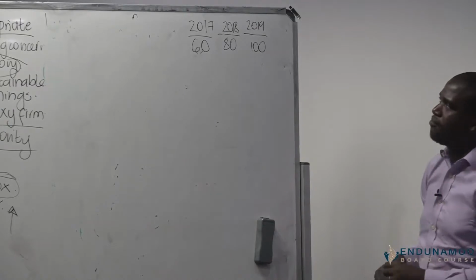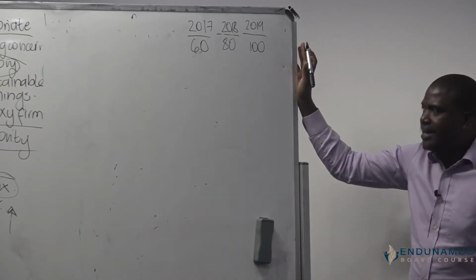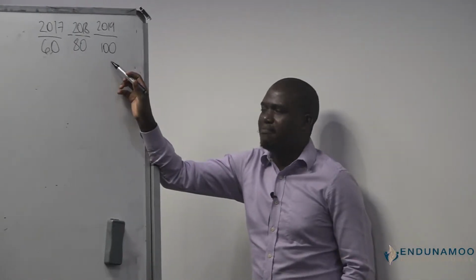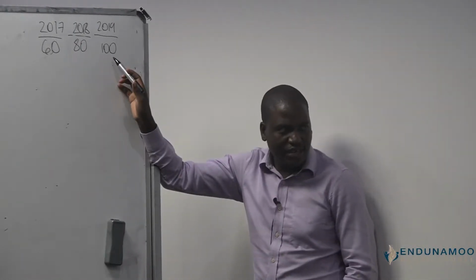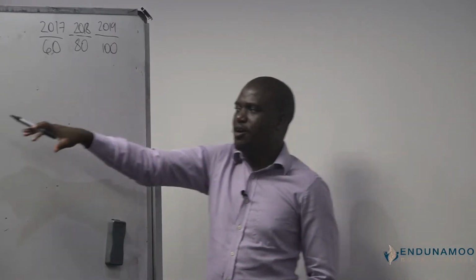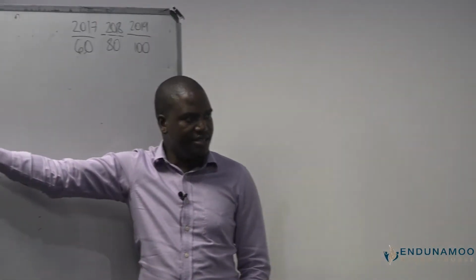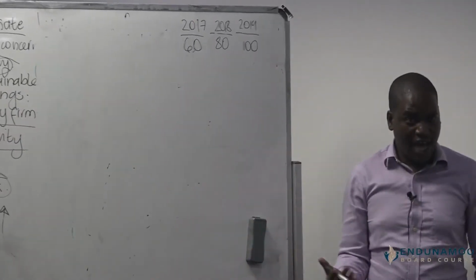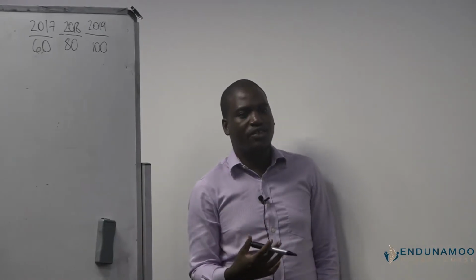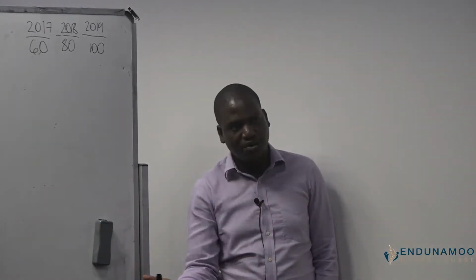Looking at this, I want to know whether this company's growth is actually sustainable, because I need to pay for the maintainable earnings. If it is growing, I have to pay for the growth. But if the growth is tapering down, then I need not pay for that growth.